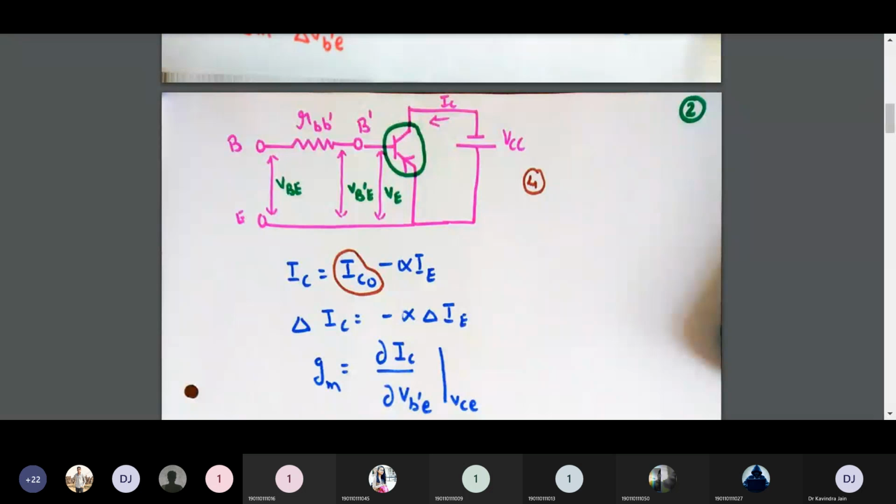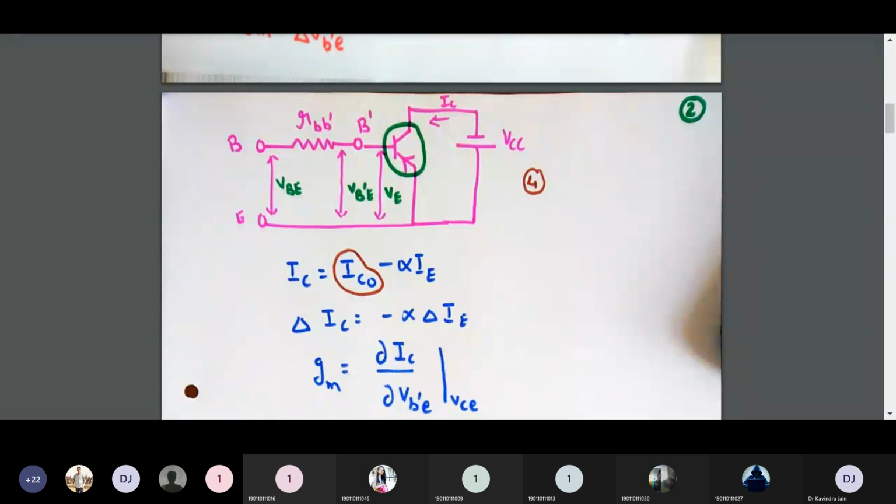IE is the emitter current and IC is the output current. Basically IC is equal to ICO minus alpha IE. According to this circuit, ICO is constant. So any change in the output current, the collector current, is related with alpha IE with a negative sign. So delta IC is equal to minus alpha into delta IE. I hope you are writing the two equations.